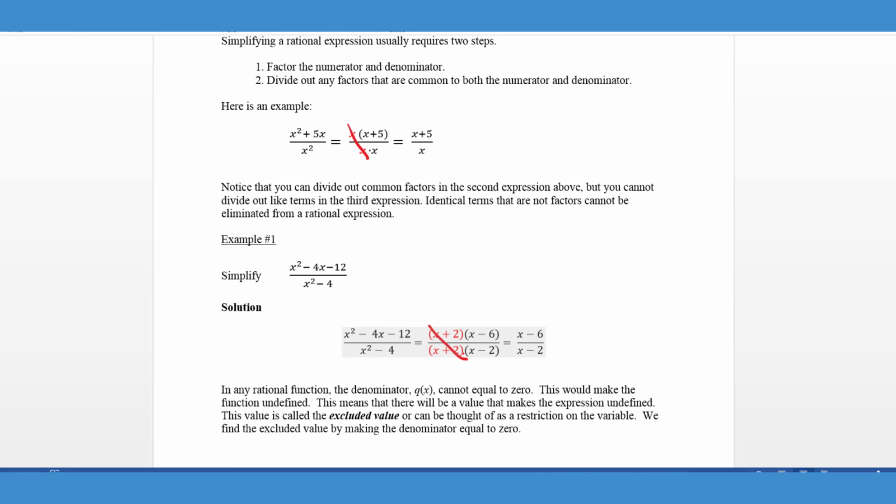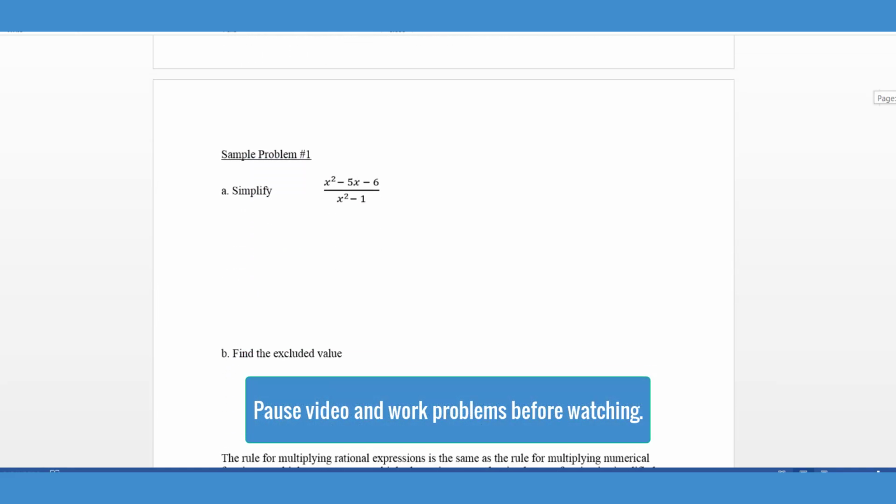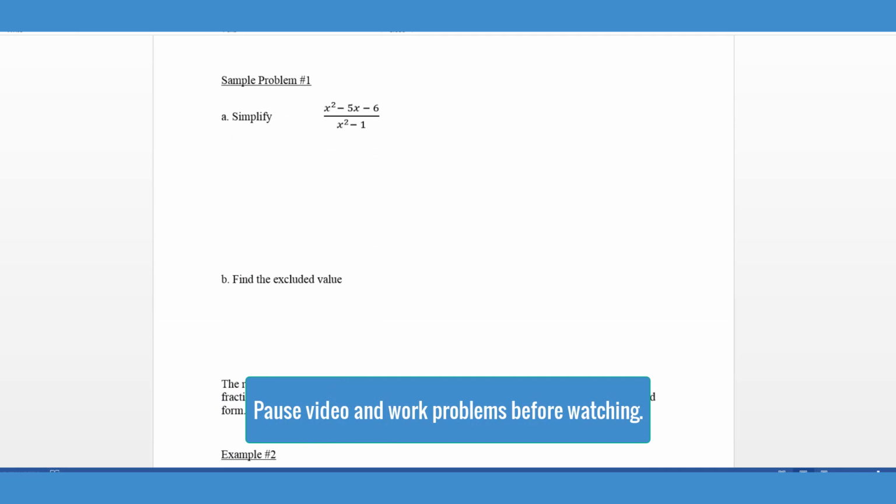Those values that made the function undefined are just now going to be termed their excluded values. So nothing more than that, which should be a very comfortable transition for you. So let's take a look at a couple problems here. Sample problem number 1, if you go ahead and work on that, and then we'll come back and take a look at the solution.